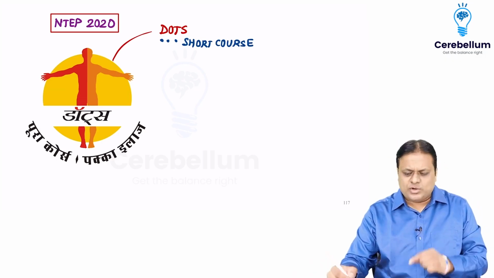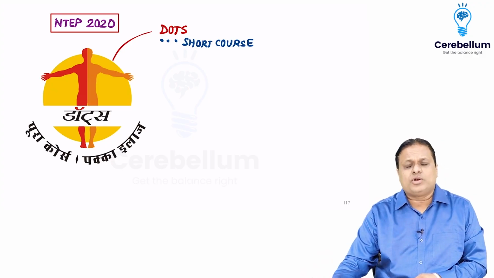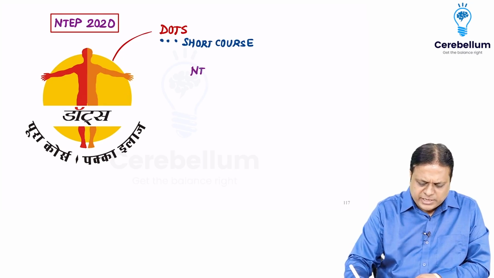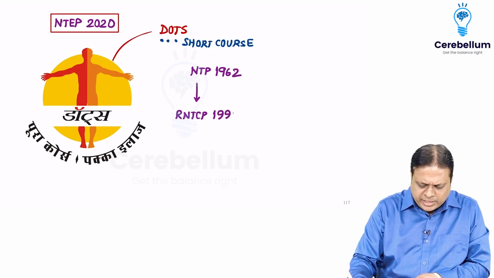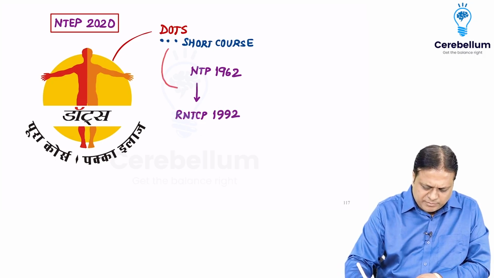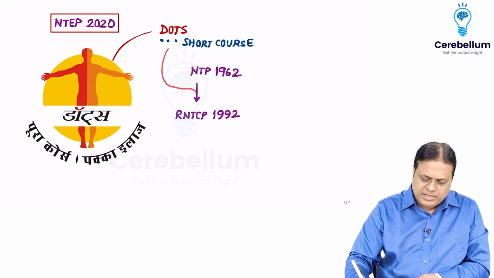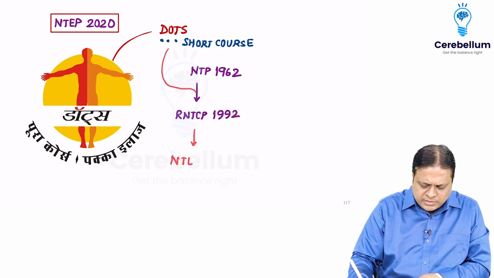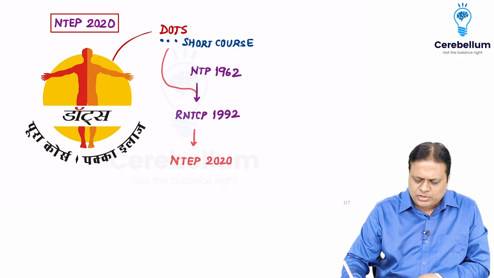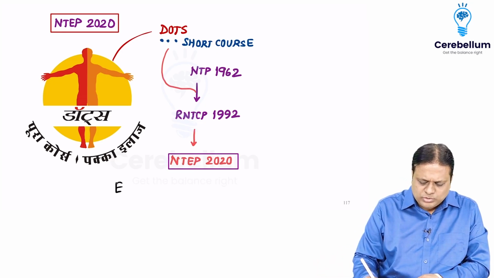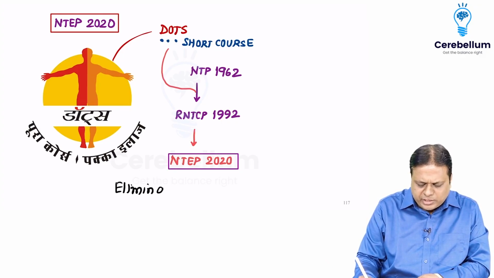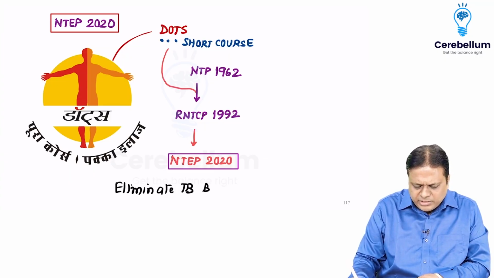Now if you look at the history of this barometer of social welfare, tuberculosis disease program, India started the National TB Control Program in 1962, which became the Revised National TB Control Program in 1992-93 by introduction of DOTS in the country. And recently, this has been converted to the National TB Elimination Program of India, launched on 1st January 2020, where the target is to eliminate TB from India by the year.